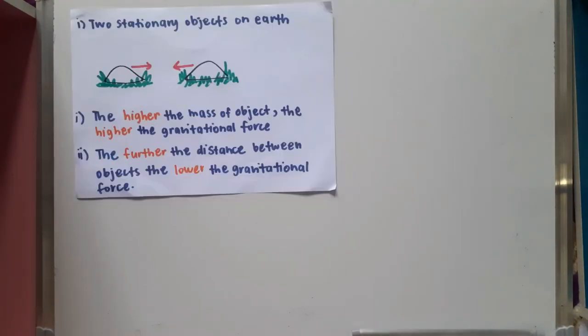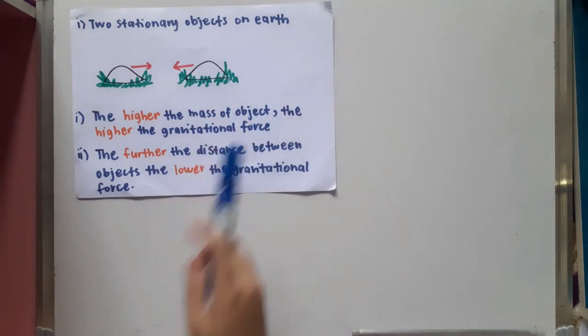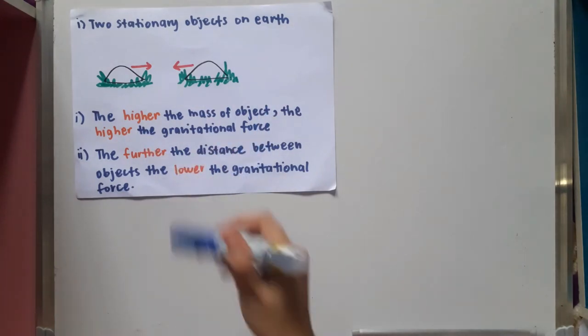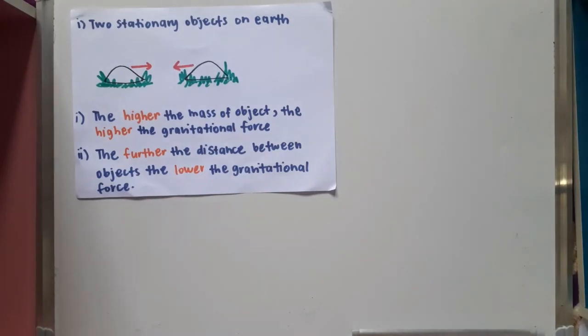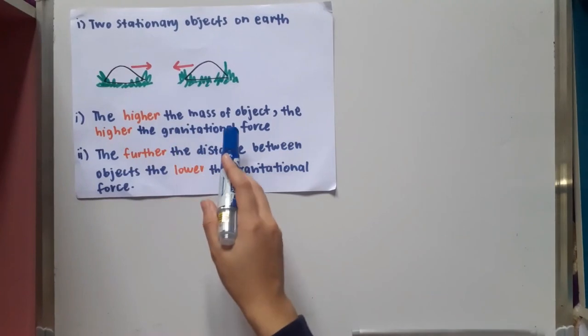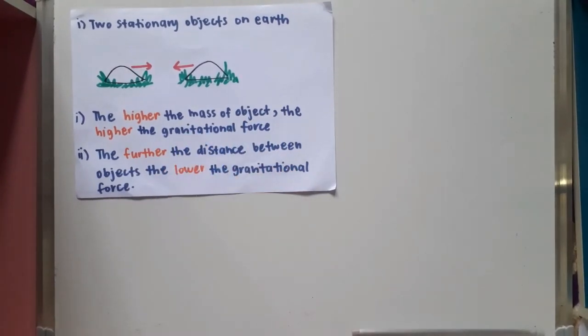Okay class, so the first thing is gravitational force between two stationary objects on Earth. For example, these are two stones and there is gravitational force between them. The higher the mass of the object, the higher the gravitational force. It means that if the object has a bigger mass, then it will have a bigger gravitational force.